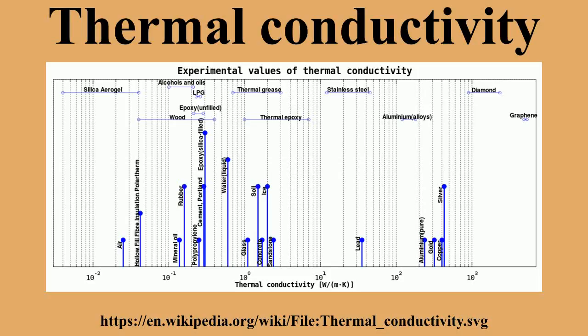thermal gradient. Electrical conductivity. In metals, thermal conductivity approximately tracks electrical conductivity according to the Wiedemann-Franz law, as freely moving valence electrons transfer not only electric current but also heat energy.